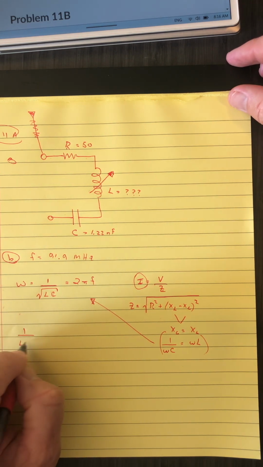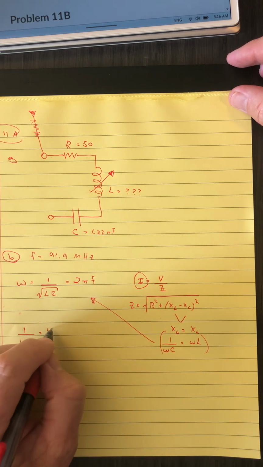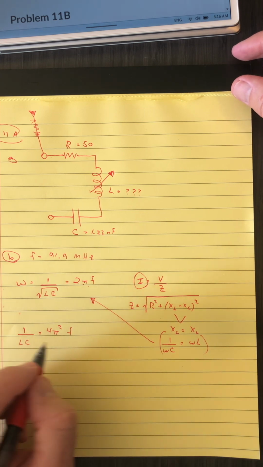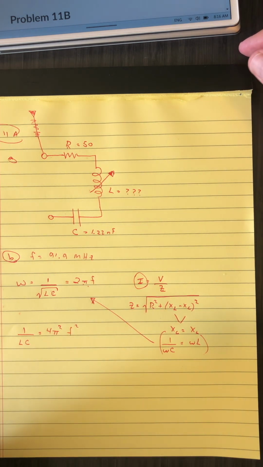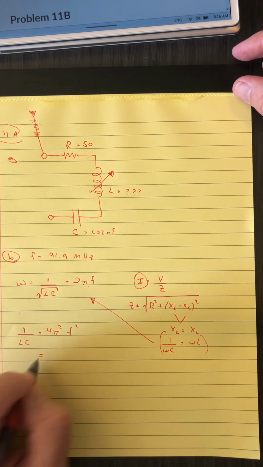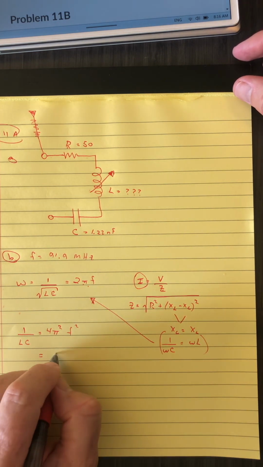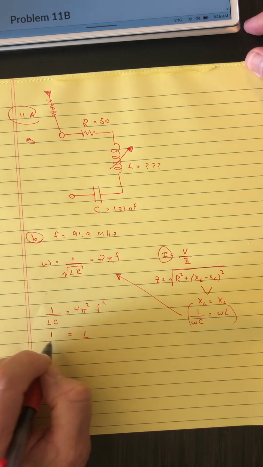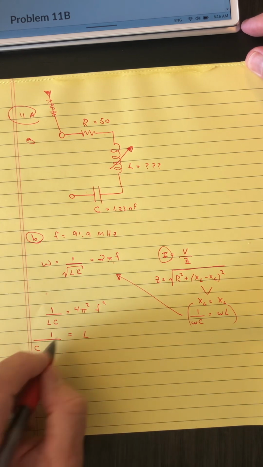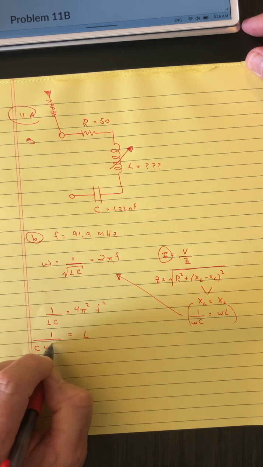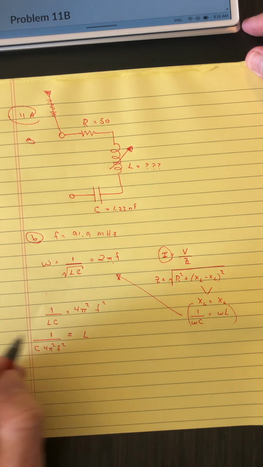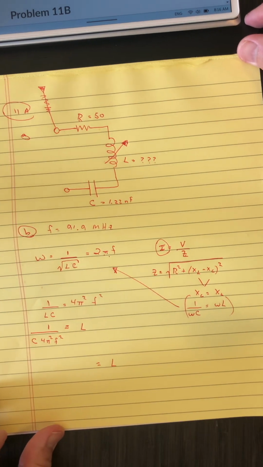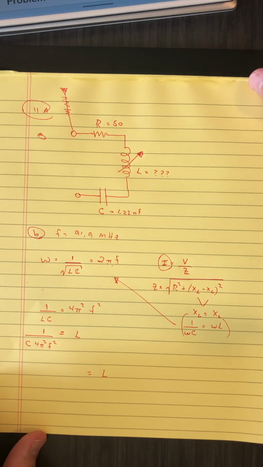I have 1 over LC, and when I square a 2, I get a 4. When I square a pi, I get a pi squared, and then an F squared. Now if I rearrange this, I'll take the L and move it over to the right, because that's what I'm trying to solve for. I'll leave my C over here, and put together the 4 pi squared and the F squared. And so this is how I'm going to get my L.